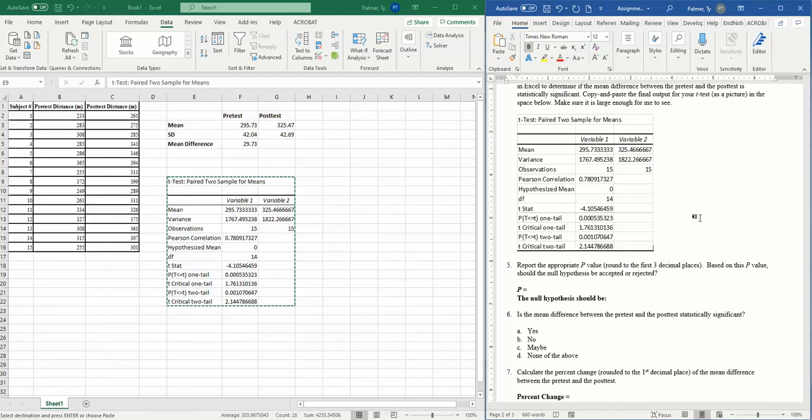A moderate relationship was an R value of 0.4 to, I believe, 0.69, and 0.7 and above was indicative of a strong correlation.